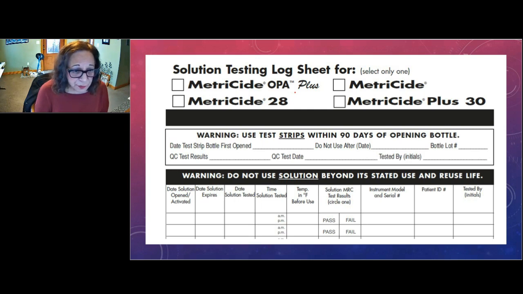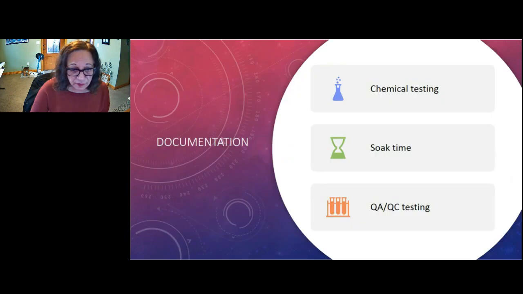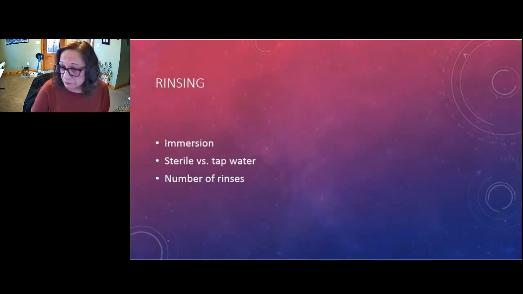I know in that one picture that I had on my slides with all the stuff laid out, that was a dry field system. Let me see if I can find that slide. Ah, there it is.